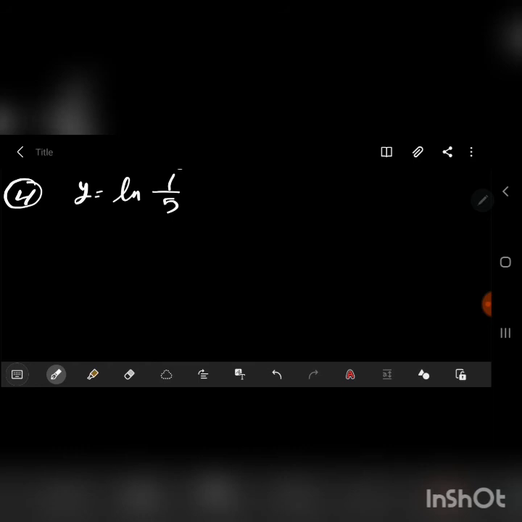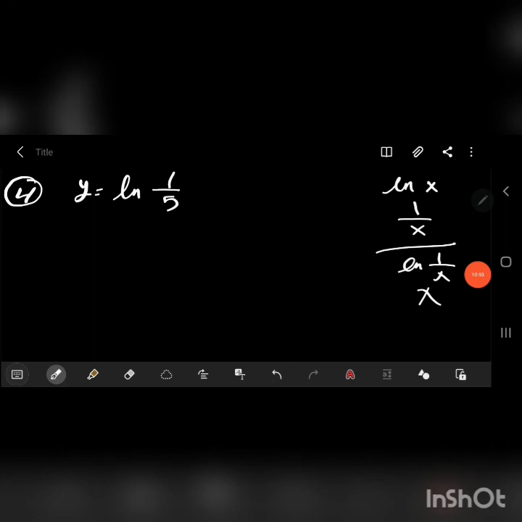I said ln x, its derivative will be 1 over x. If I had ln 1 over x, its derivative will be x, the opposite. Now I want to take the derivative of ln 1 over 5.